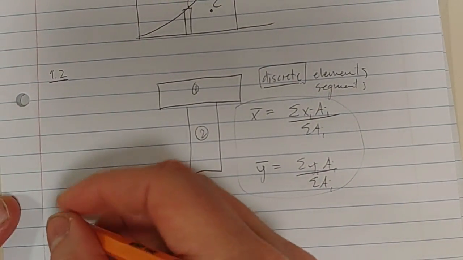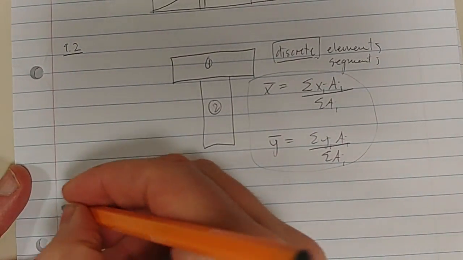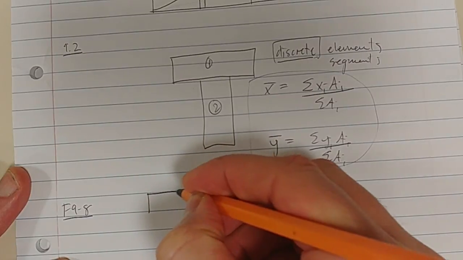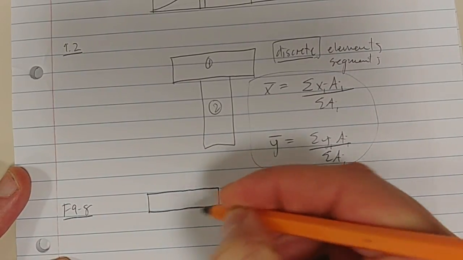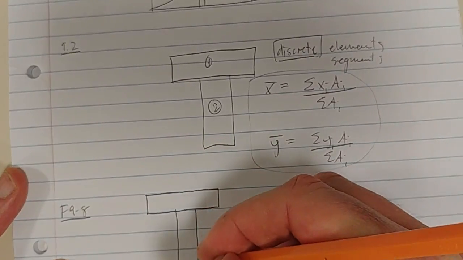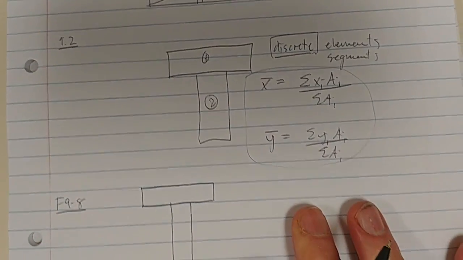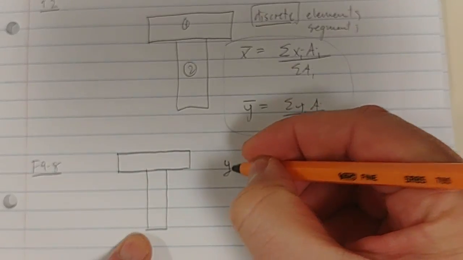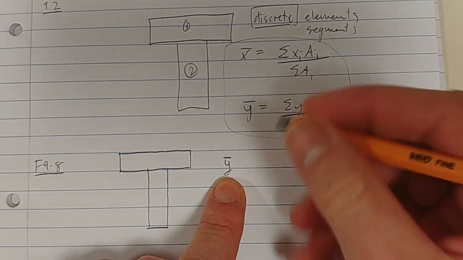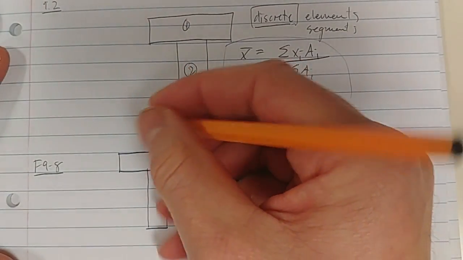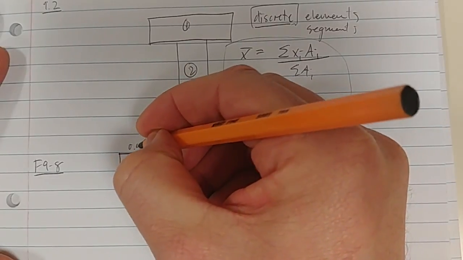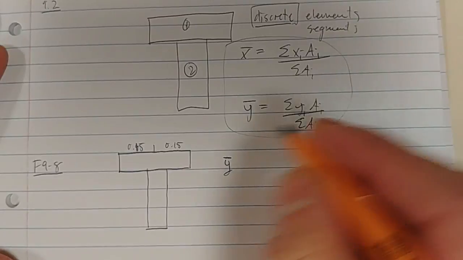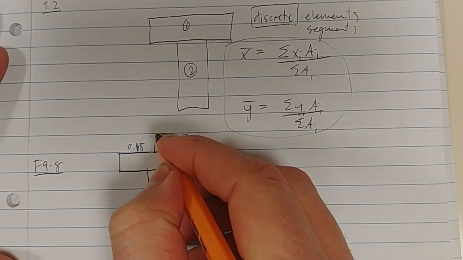What we have, F9.8, is this structure that looks like this. We are trying to determine the centroid, but we're specifically trying to determine the y bar of the centroid. And this is 0.15, that's the length there.